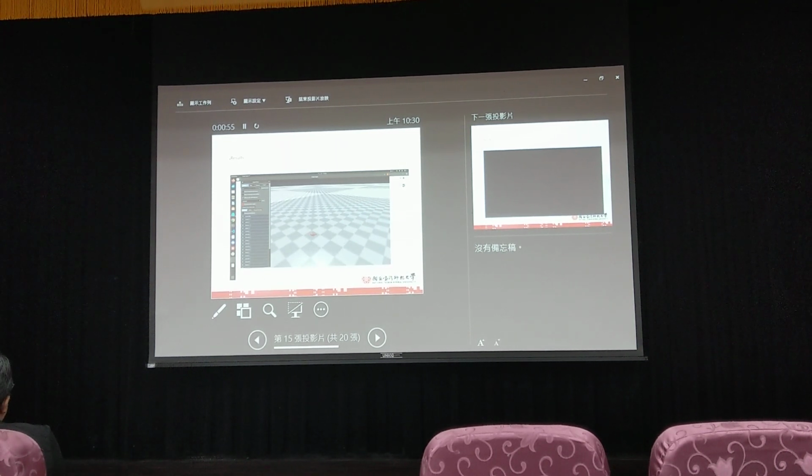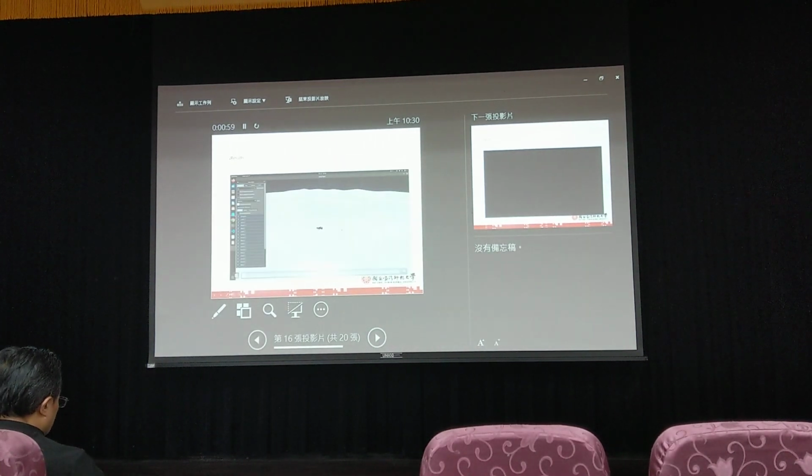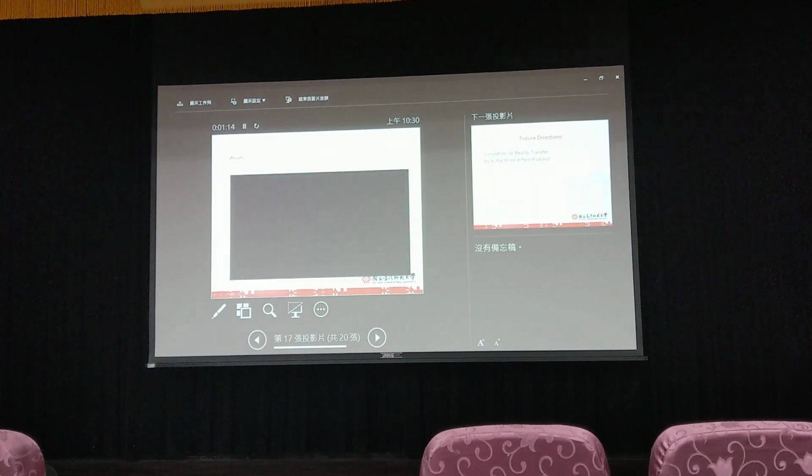After that, I tried to train it in the real environment. At first, the robot also was not stable and kept jumping, and it was still not good. So I trained a little bit more.